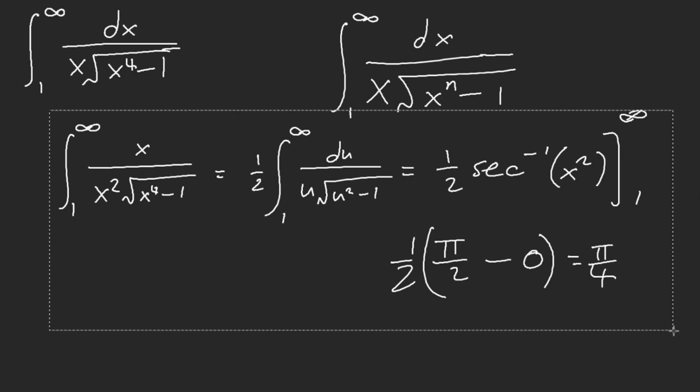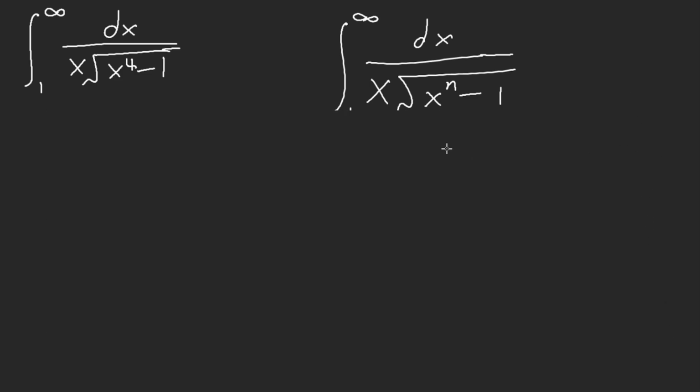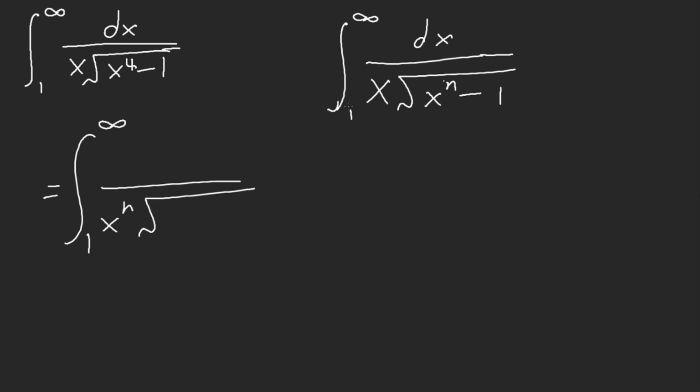But how do we generalize that? This is just in case we come across something like, what if this was a 5? Here, if this is easier for you, you can do the 4th root substitution. So x to the n, and we have x to the n minus 1 dx.